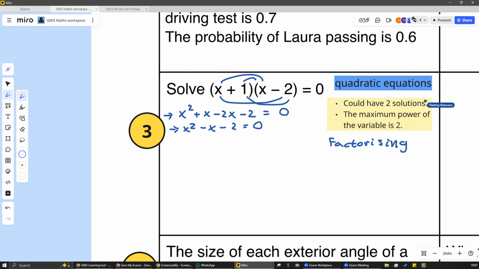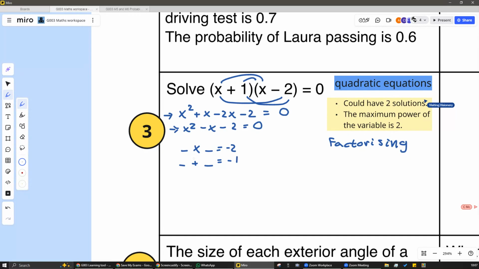If it's a 1x squared, as we've got here, then what I'm looking for is 2 numbers that when they multiply, they give negative 2, this value here, and when you add them, the same 2 numbers, they give the coefficient here, which would be negative, not negative x, but negative 1. It's the coefficient. It's how many lots of x's there are.